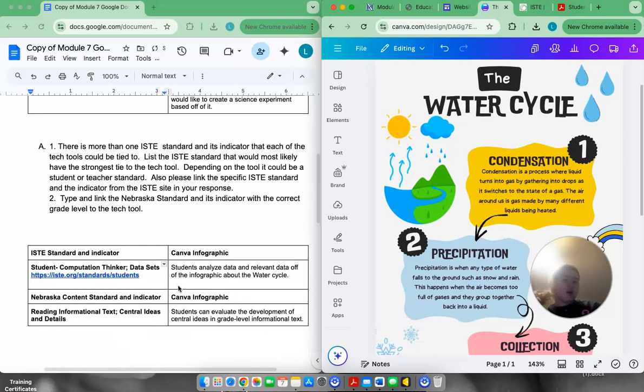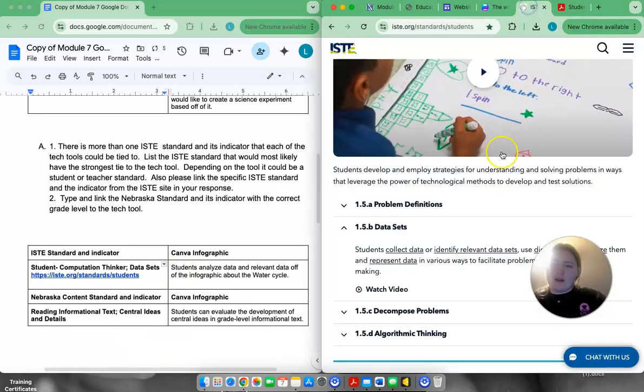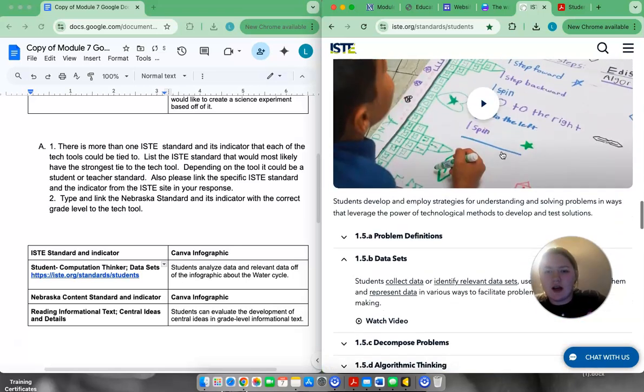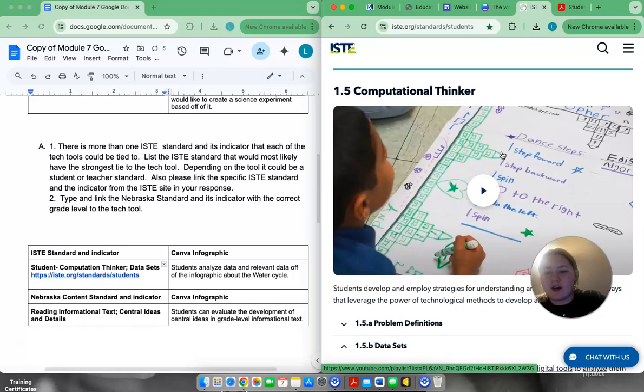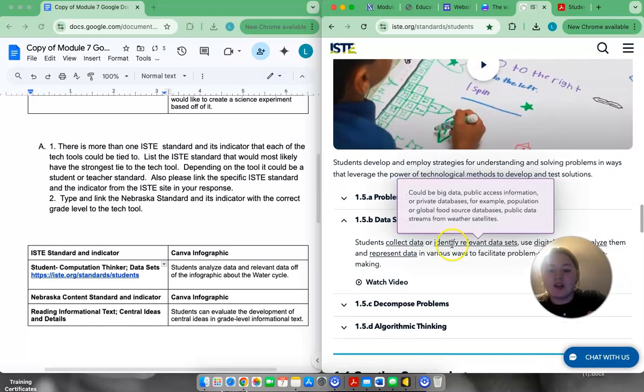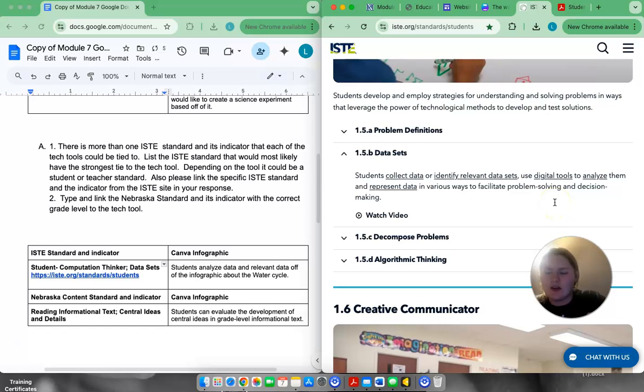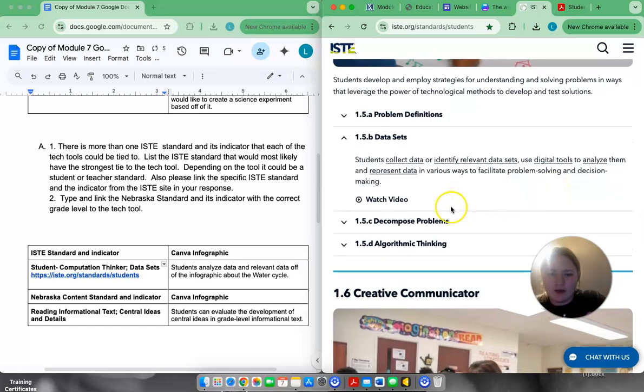For our tools for the student and teacher standard, I chose a computational thinker, which is a student standard, and I chose data sets because students can identify relevant data using the tools and analyzing the data in different ways.